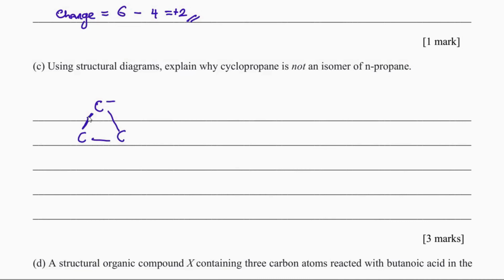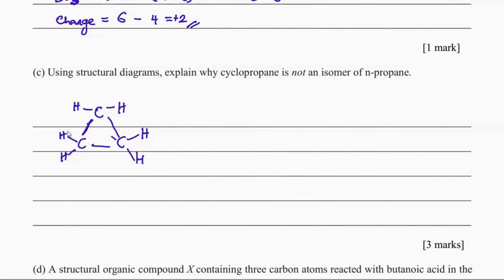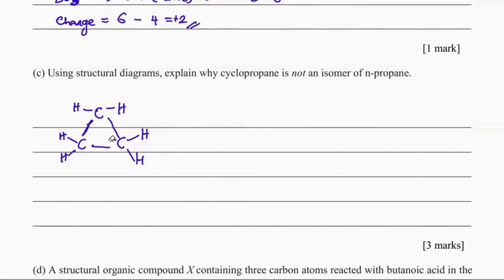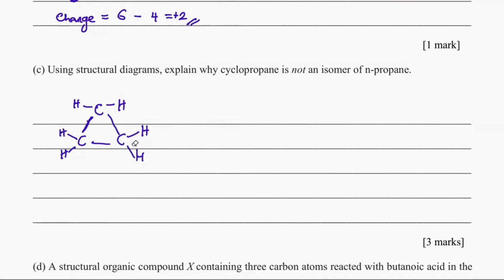So we have to draw this H and H, this H and H, and these are H and H. So this is our cyclopropane.